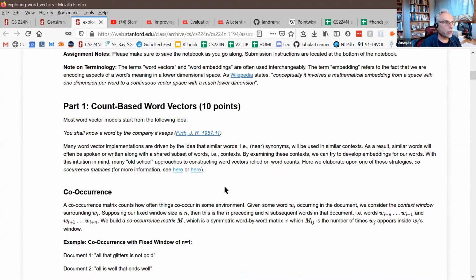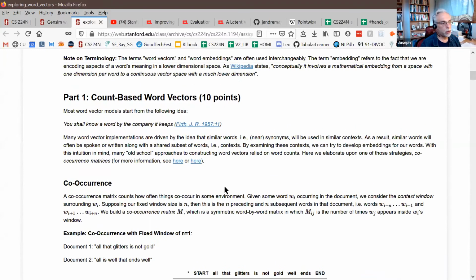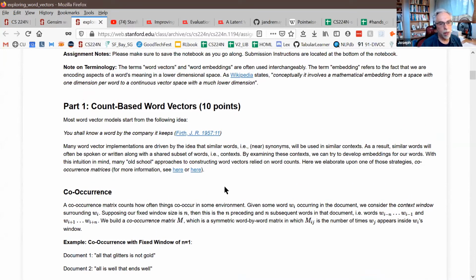He's basically taking you through 2 different types of methods for getting word vectors. One is count-based word vectors. And this is basically, remember, you build some kind of a word-document matrix, or a word matrix, that is based on word counts.